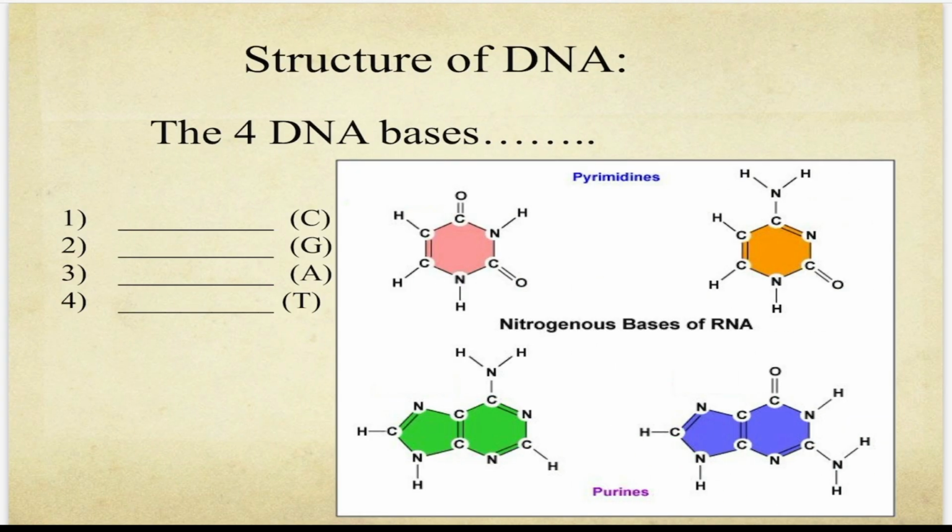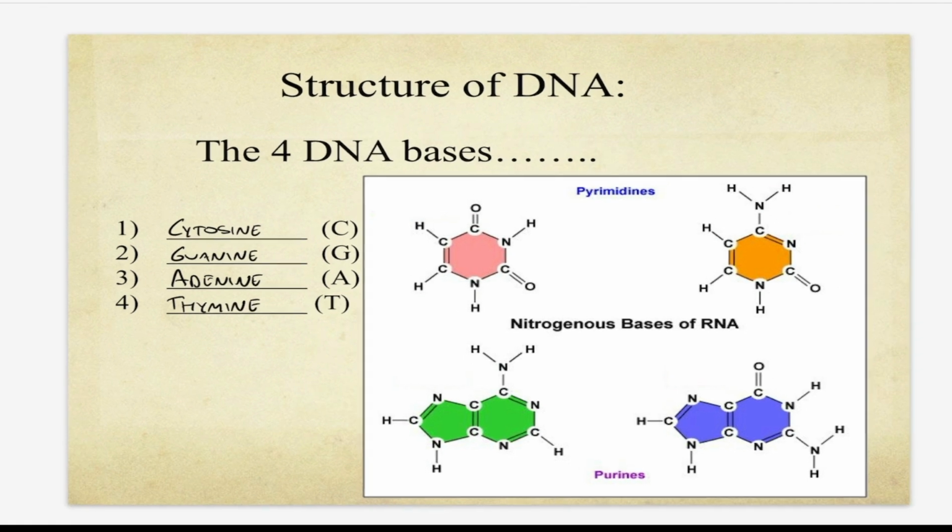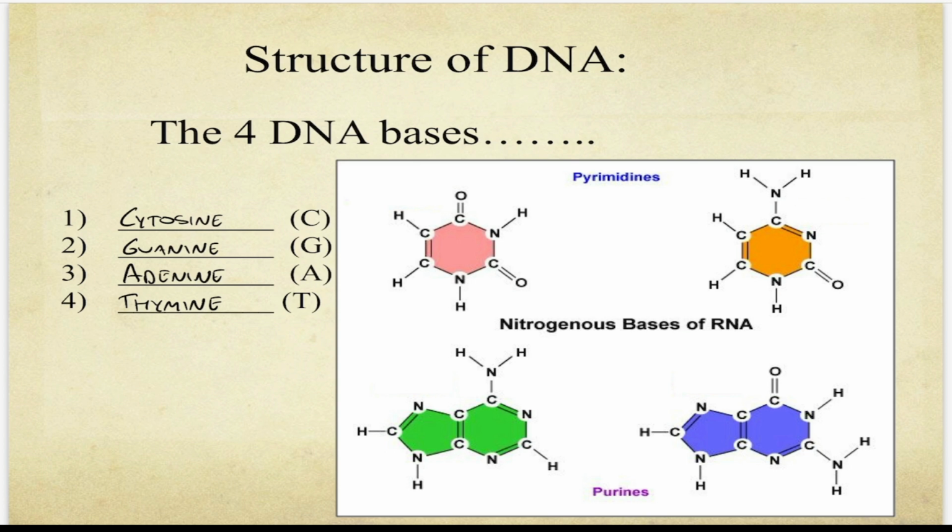Now, you guys learned in the team activity there were some basic bonding rules for these things. So we have 4 of these bases. We have one called cytosine, which we label with a C. We have guanine, that's the G. We have adenine, that's the A. And we have thymine, and that's the T. So there is something special about these, right?